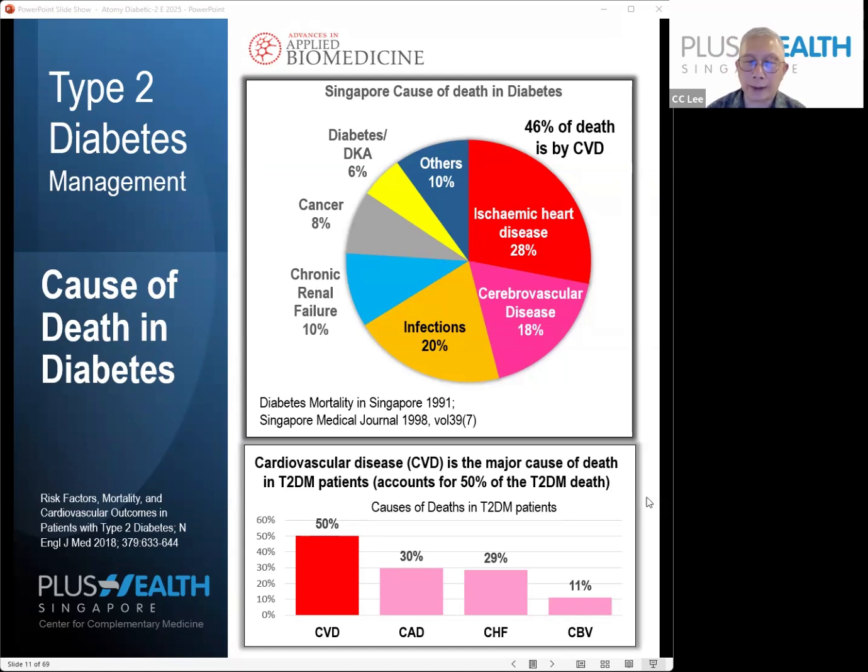Then this is another report, more about Western countries but very similar in context. About 50% of diabetic patient deaths are caused by CVD. Among them, 30% is caused by heart disease, 29% by heart failure, and 11% by stroke, cerebrovascular disease. So you can see the major cause of death for diabetic patients falls into cardiovascular diseases.